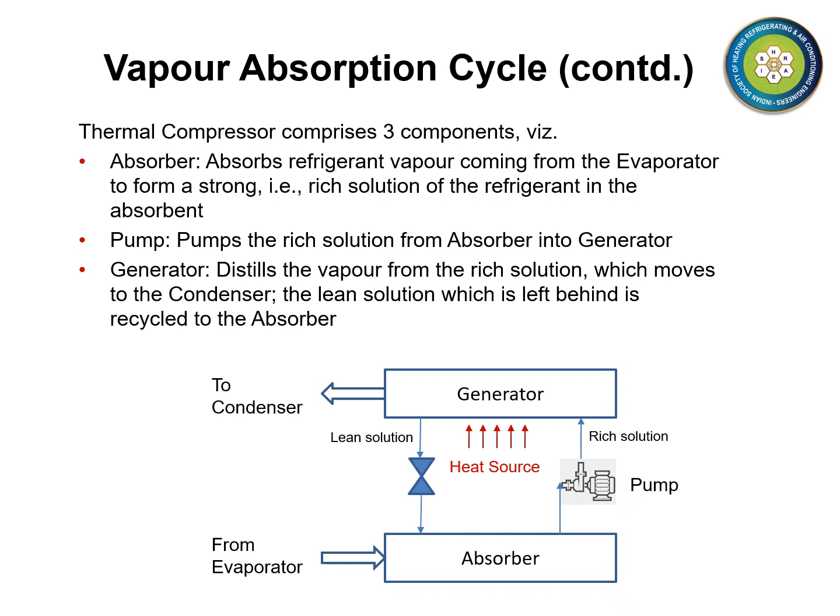For example, of the refrigerant ammonia in the absorbent water. Next, the pump pumps this rich solution from the absorber into the generator. The generator distills the refrigerant vapor from out of the rich solution using an external heat source. The vapor now moves on to the condenser. The lean or weak solution which is left behind is recycled to the absorber.